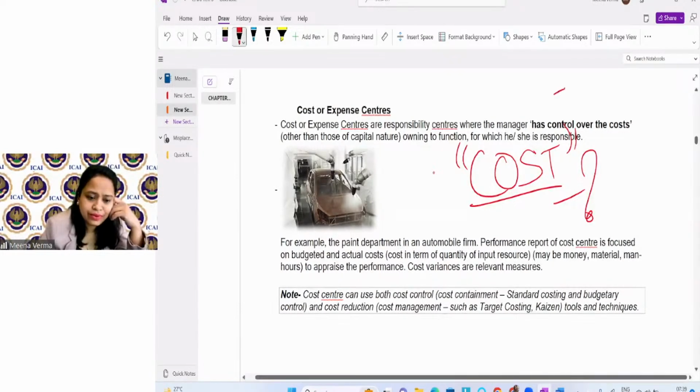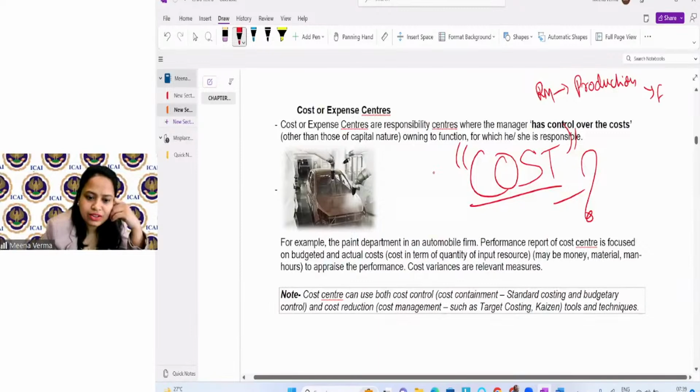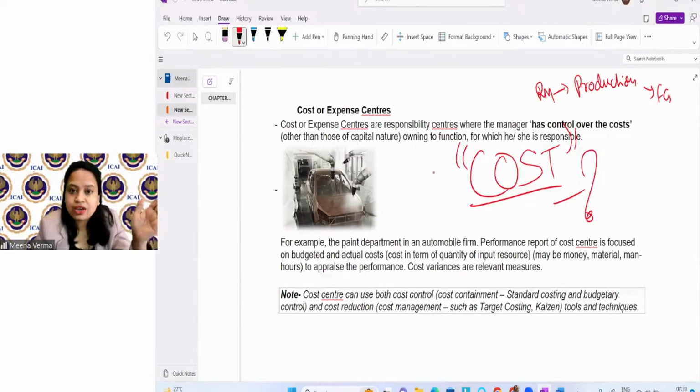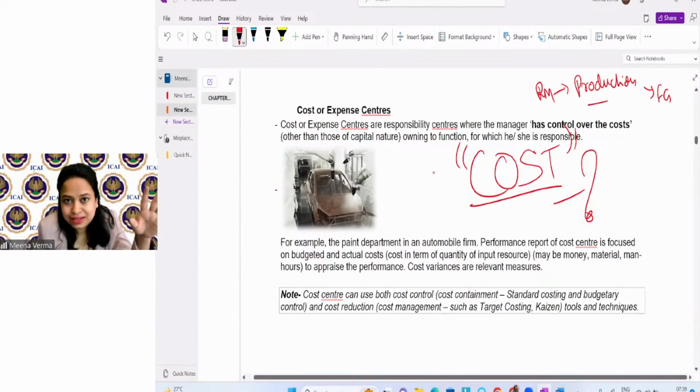You can see in case of production department, where we are converting the raw material into final goods. Anywhere in the organization where we convert raw material into final goods, that means where we are producing the goods, there is no sale.